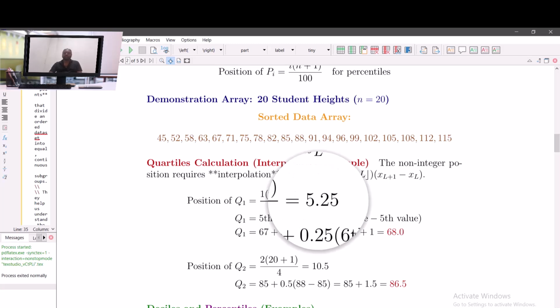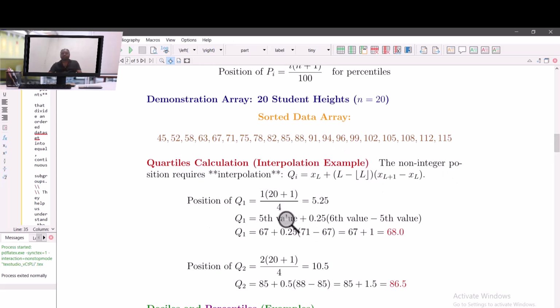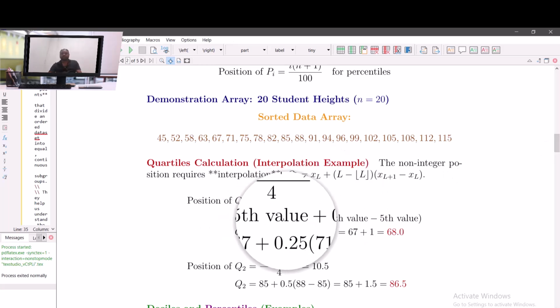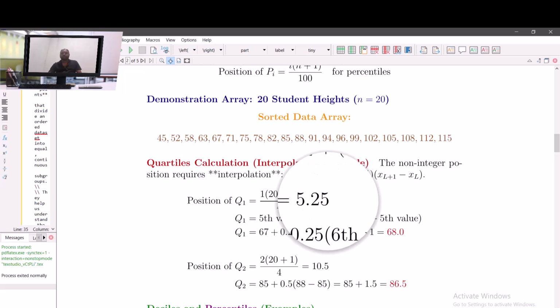For example, this one is not a whole number, but a whole number with a fraction. With the whole number, we don't have any problem. We take the value at the fifth position. But how can we interpolate for the value of this 0.5 position?